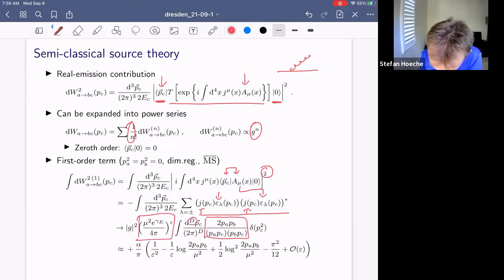We have a d-dimensional integral, but this time, first of all, we have a sign difference. And these order epsilon terms are a little bit different, but we don't need to care about them. Again, these are pure infrared singularities. We have a double pole, we have a single pole, and we have a log squared and some constant.